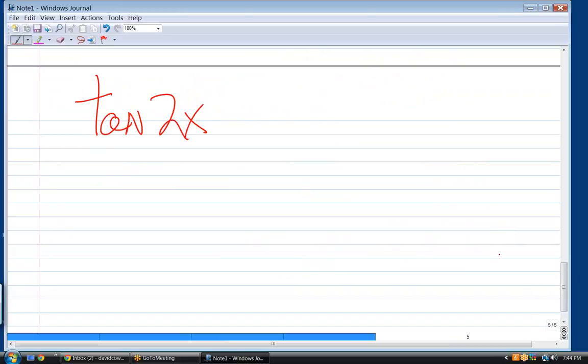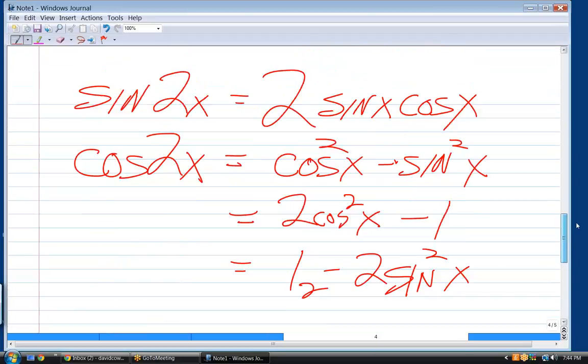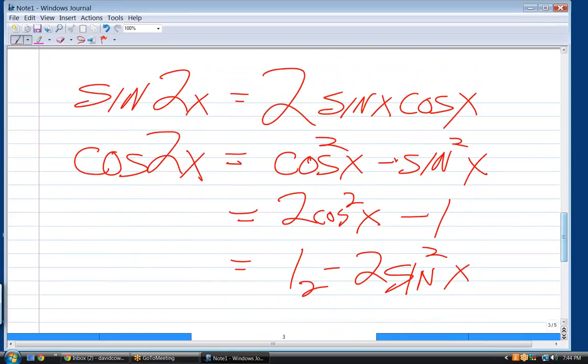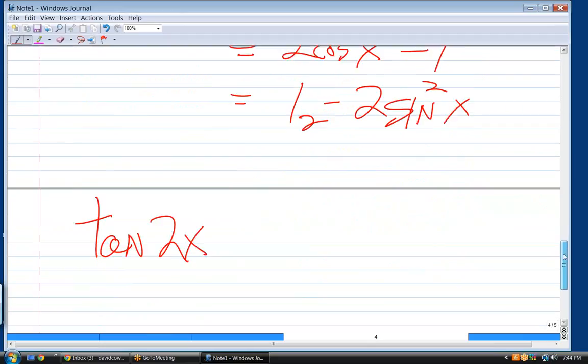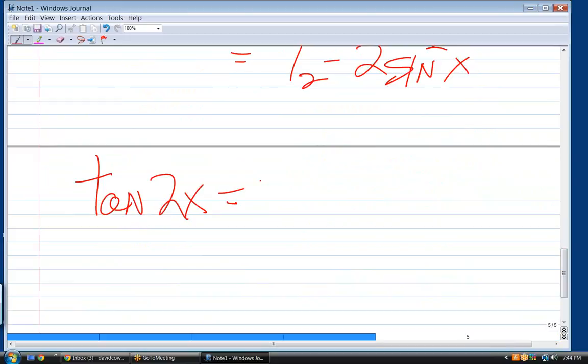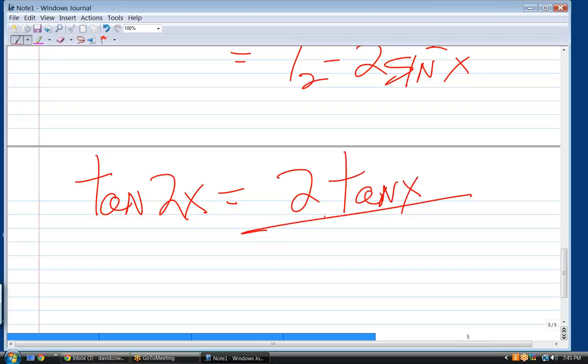Well, I guess the immediate question you would say was, well, tangent of 2x is sine of 2x over cosine of 2x, but which identity do I use to figure it out? Well, you don't have to figure it out. There's only one for tangent of 2x, and it's 2 tan x over 1 minus tan squared x.